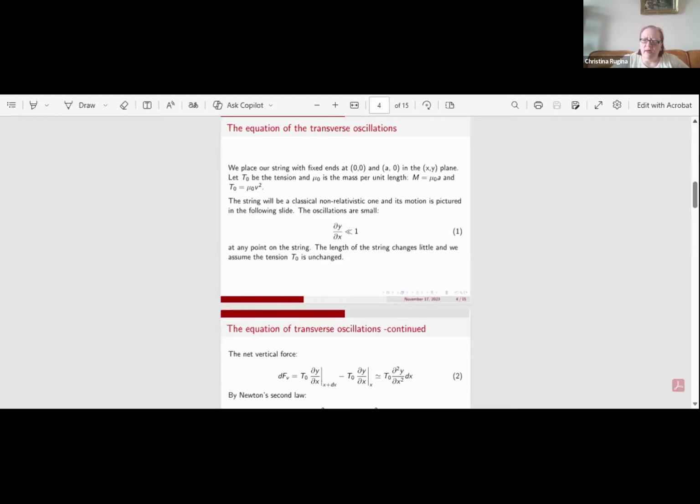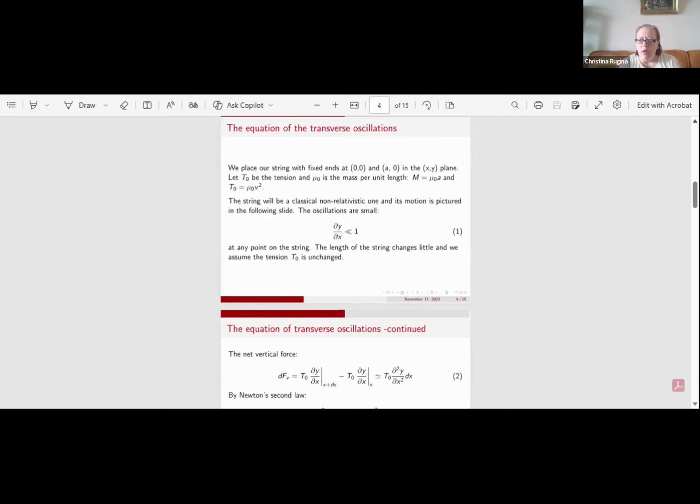That's what we are going to end up with. People who have taken differential equations classes can appreciate that the equation of vibrations of the transverse oscillation is actually the wave equation.